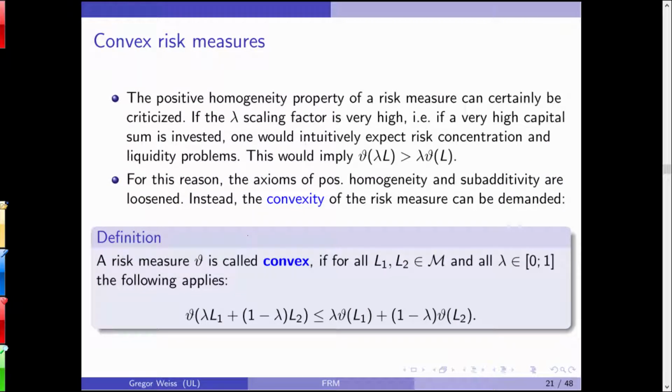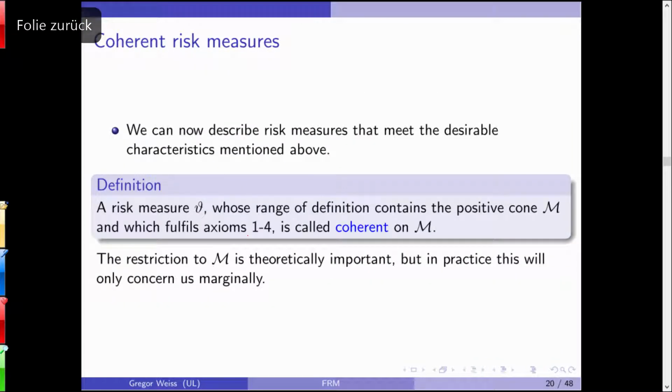Could you show what a positive cone looks like? Actually, this is the one I defined earlier. If you have a set of mathematical objects, and any sum of two objects and any positive scaling is again an element of the set, then it's a positive cone, positiver Kegel.